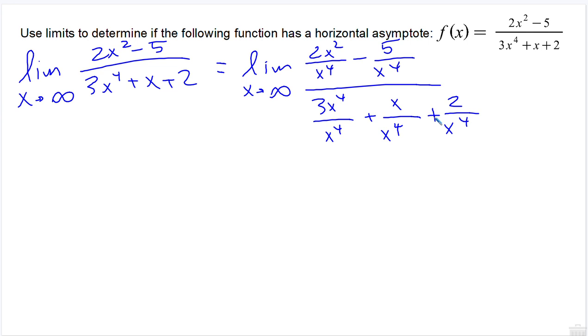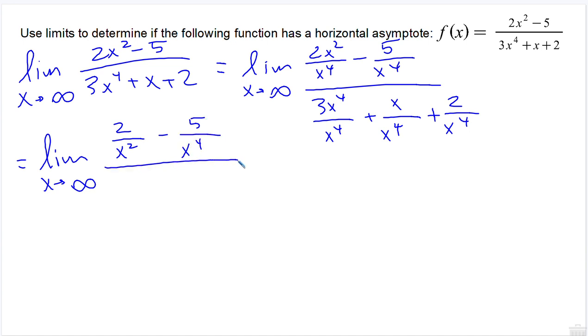And now we can simplify a bunch of the terms within there. This gives us a limit as x approaches infinity of, well, 2x squared over x to the 4th is 2 over x squared and minus 5 over x to the 4th. And then we've got 3 plus 1 over x cubed plus 2 over x to the 4th.